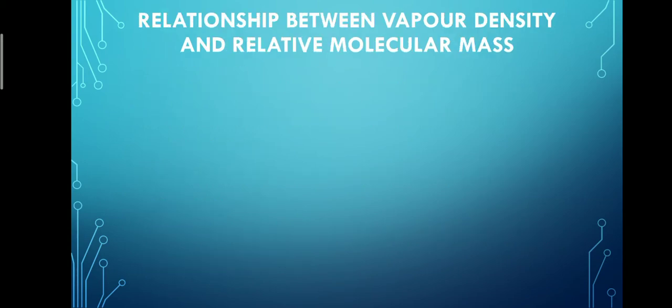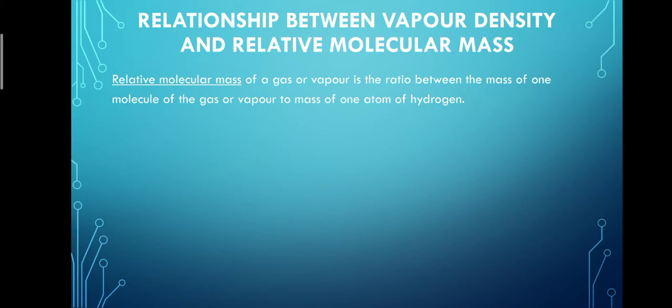So next one is the relationship between vapor density and relative molecular mass. First, what is relative molecular mass? The relative molecular mass of a gas or vapor is the ratio between the mass of one molecule of a gas or vapor to the mass of one atom of hydrogen. So relative molecular mass is the mass of one molecule of gas by the mass of one atom of hydrogen.